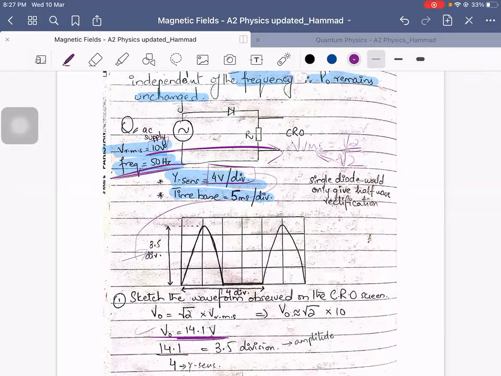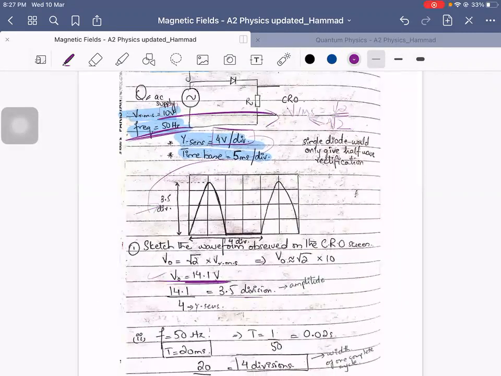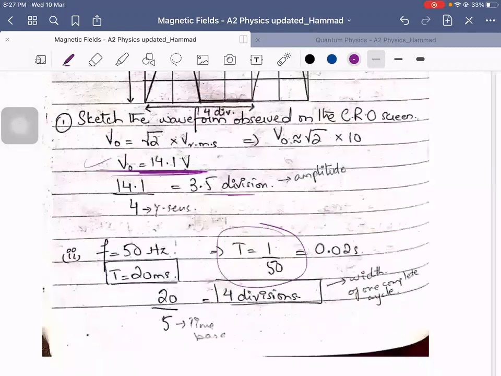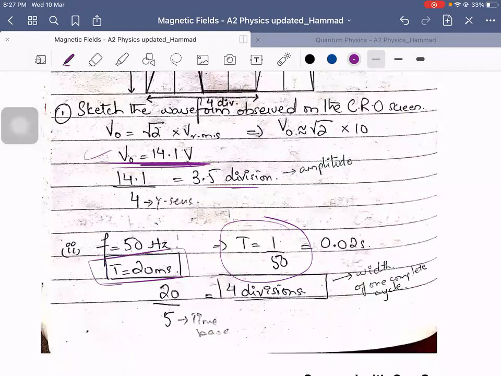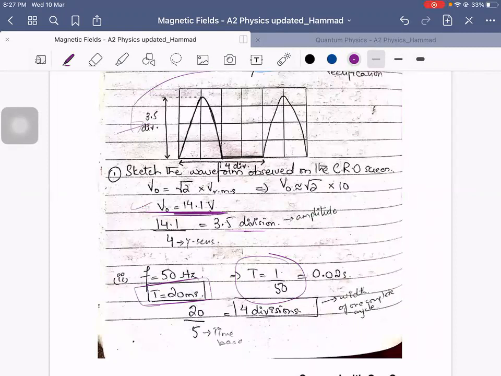You're provided with a frequency which is 50 hertz. The time period can be worked out from the frequency such that time period is equal to 1 upon frequency, and you'll get 20 milliseconds. So 20 milliseconds is for one complete wave to be formed, or you could say 0.02 seconds.